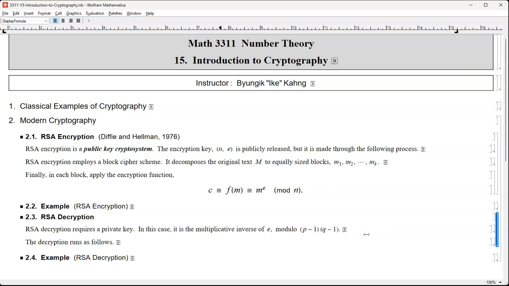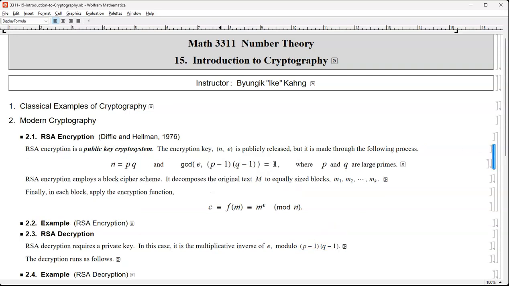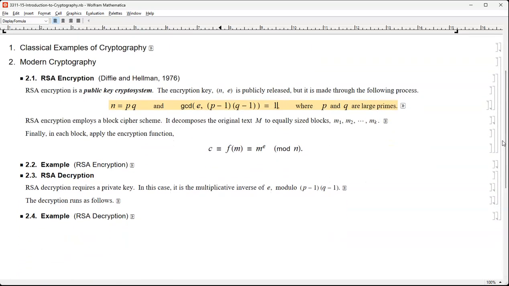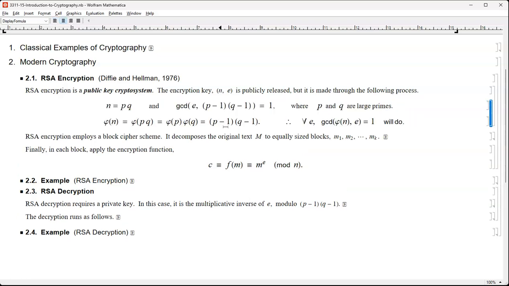So what we want is the inverse of this, and for that let's find the multiplicative inverse of E modulo P minus 1 times Q minus 1. Can we do that? Yes, we can, because these two are relatively prime. By the way, how does P minus 1 times Q minus 1 come into play? It is phi of n, remember that?